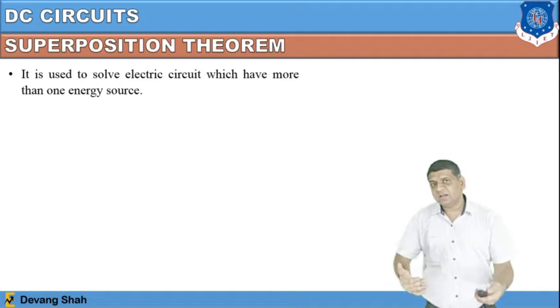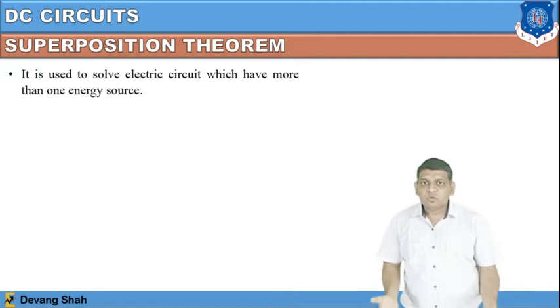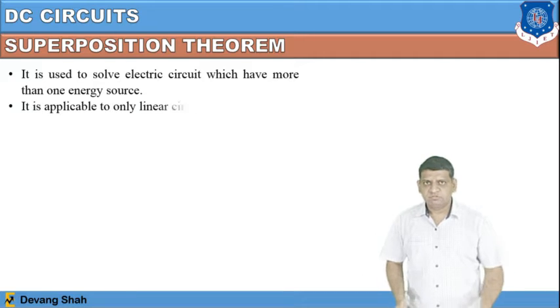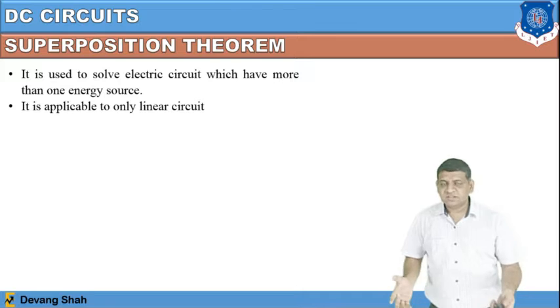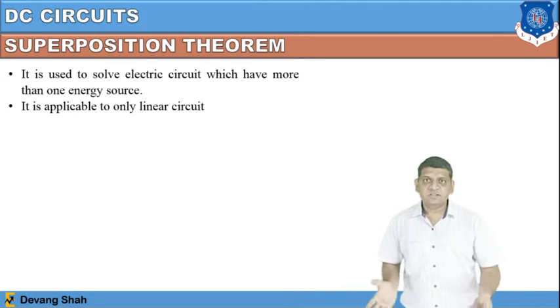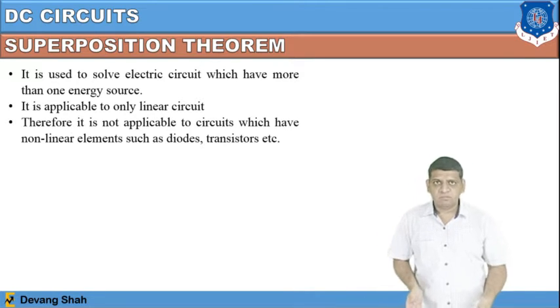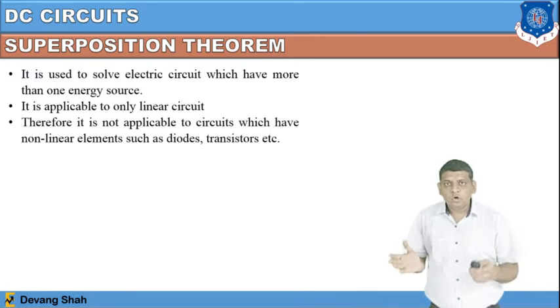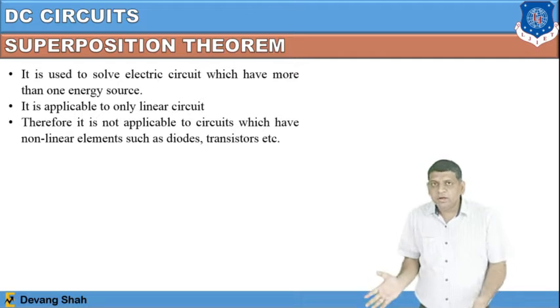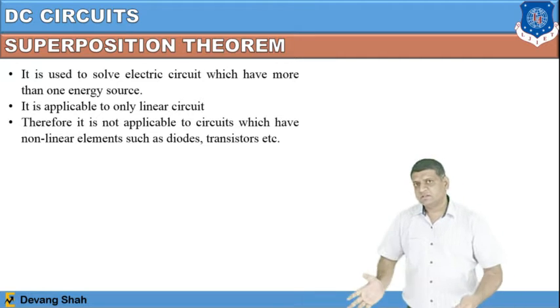Here in this circuit we have a number of voltage sources and current sources. It is applicable only to linear circuits. This is obvious: only in a resistive network can you apply the superposition theorem. Therefore, it is not applicable to circuits with non-linear components or devices like diodes, transistors, etc.